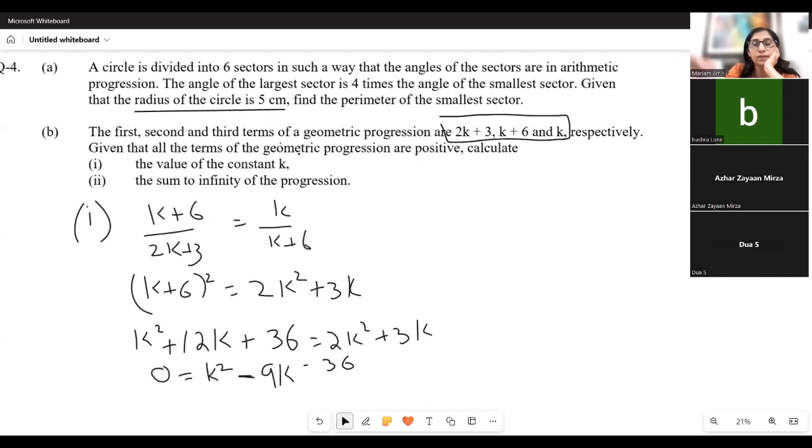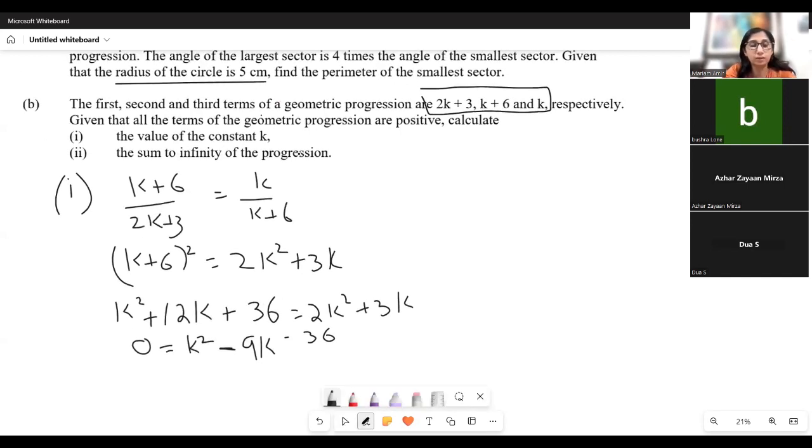Okay. Middle term breaking. Azhar, multiplication should give us what? And addition should give us negative 36, and addition should give us minus 9.